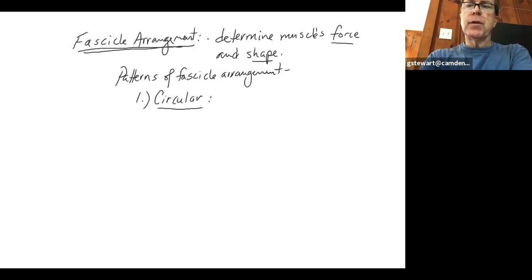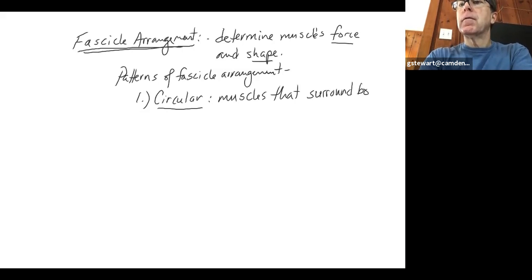So the muscles that have this circular pattern of fascicle arrangement, these are muscles that surround body openings. We call these sphincters.